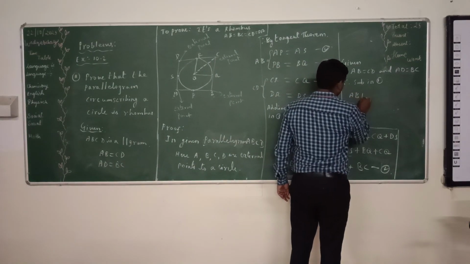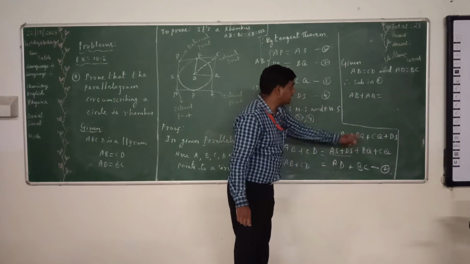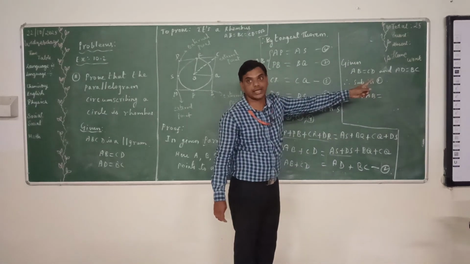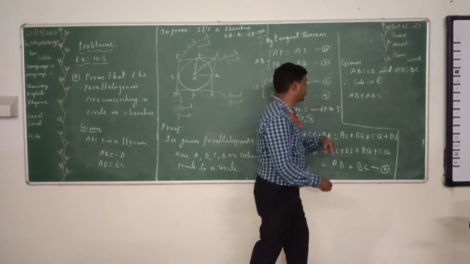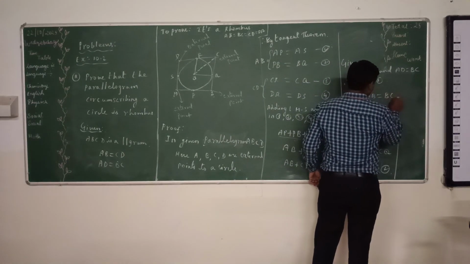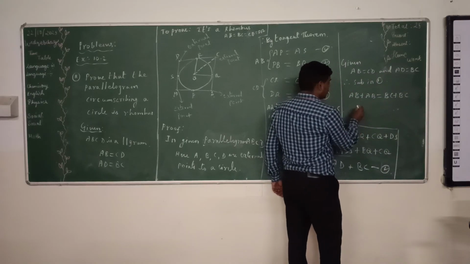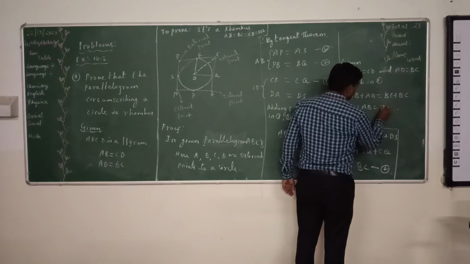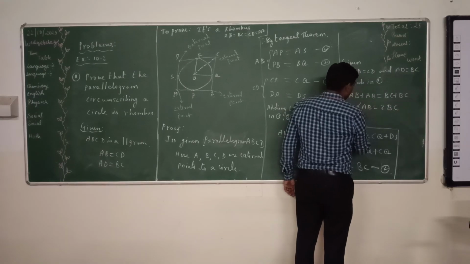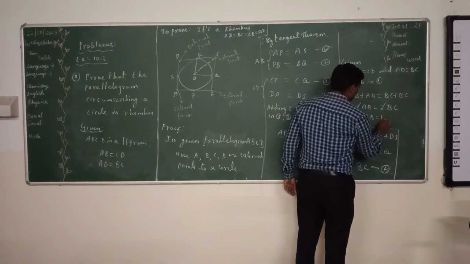Therefore, AB plus AB equals, here AD is equal to BC, so instead of AD I substitute BC. So AB plus AB is 2AB, and BC plus BC is 2BC. Now the 2 gets cancelled. Therefore, AB is equal to BC.